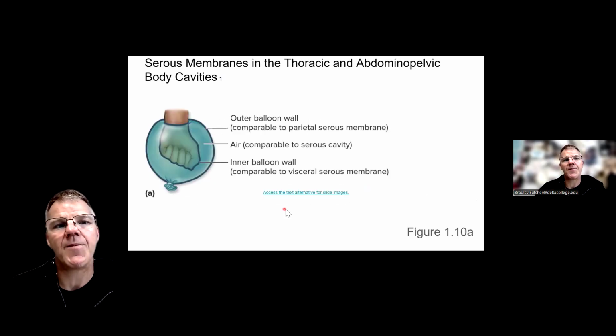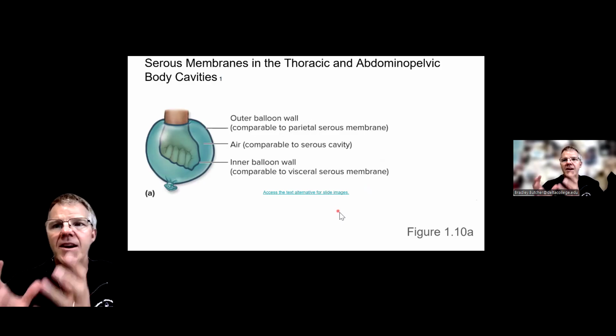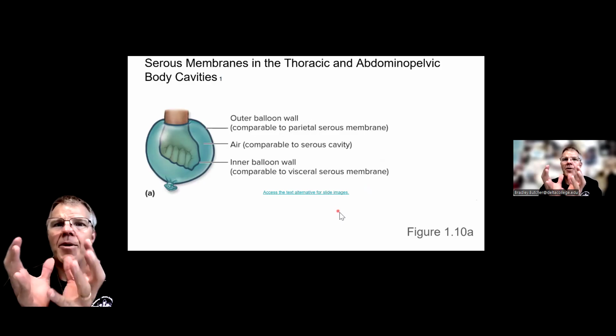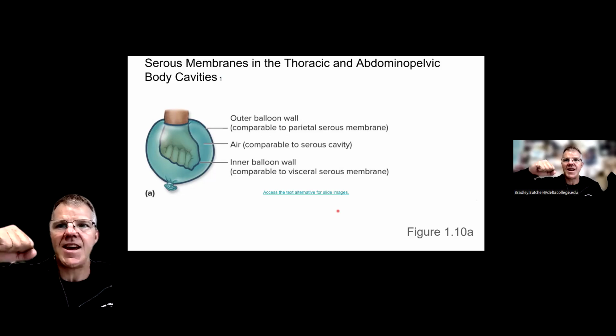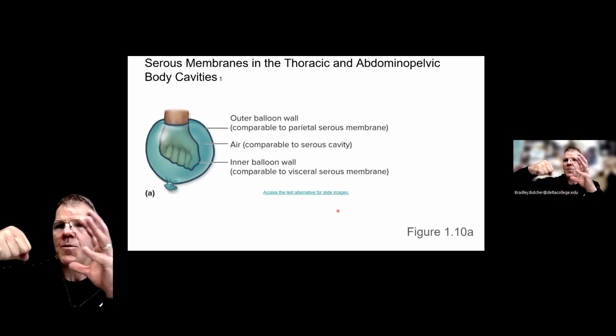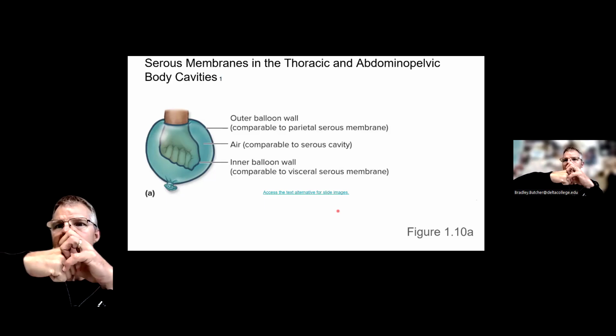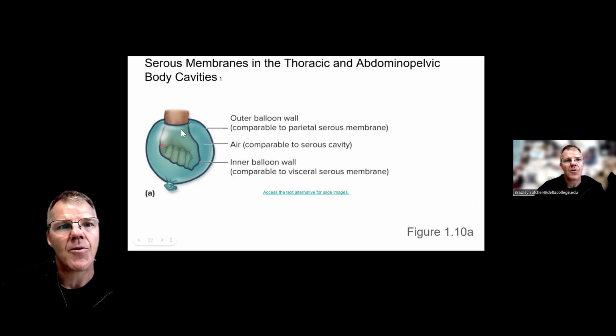So one way to think about this serous membrane is to think of a balloon, not pumped up super tight, but just kind of a balloon, and take your fist, and your fist represents an organ, and you push that into the balloon. And as you push that into the balloon, the balloon sort of inverts in itself, and there's an inner lining that's directly on the organ, or the fist in this case.